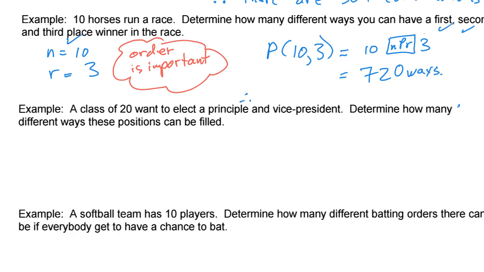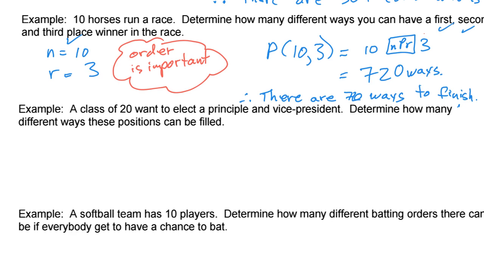So therefore, there are 720 ways to finish the race. All right, let's do the next one.